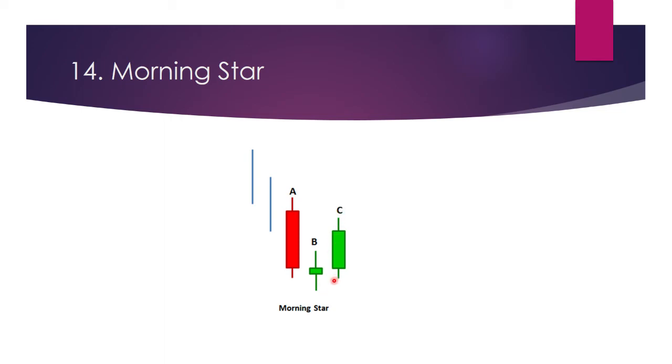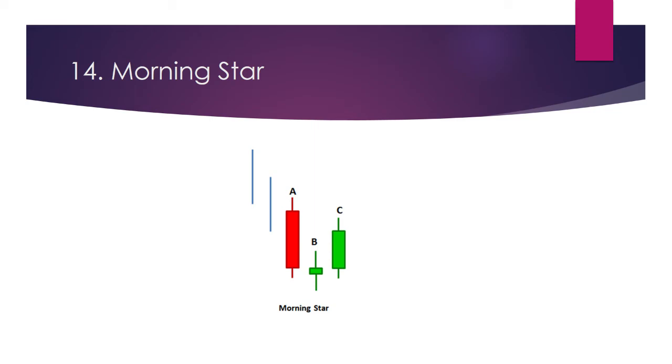It must close at the midpoint or above the midpoint of candle A's body. So this has got to close above this area right here, or mostly above it, okay? Candle A's body must confirm that the trend reversal is in play.